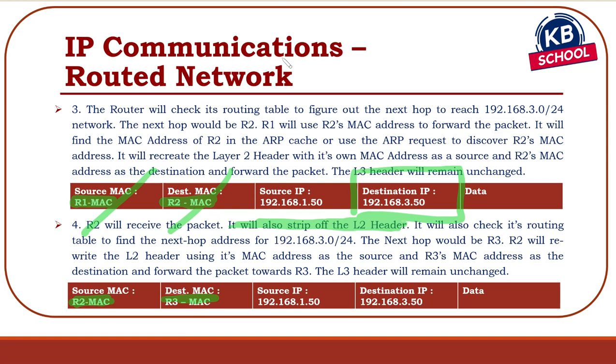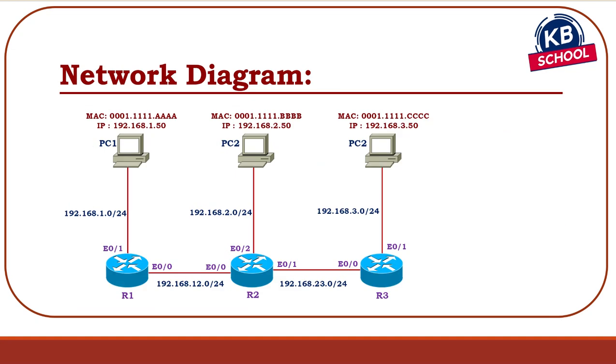So what's happening to this packet, the life of a packet, as it traverses through this network? Over here, the source MAC is what? PC1, and the destination MAC is R1.